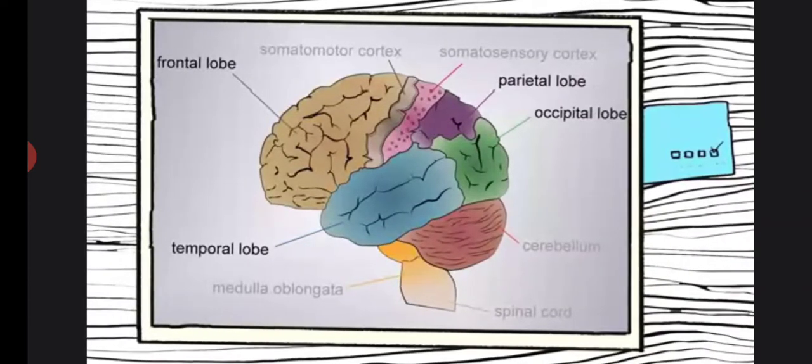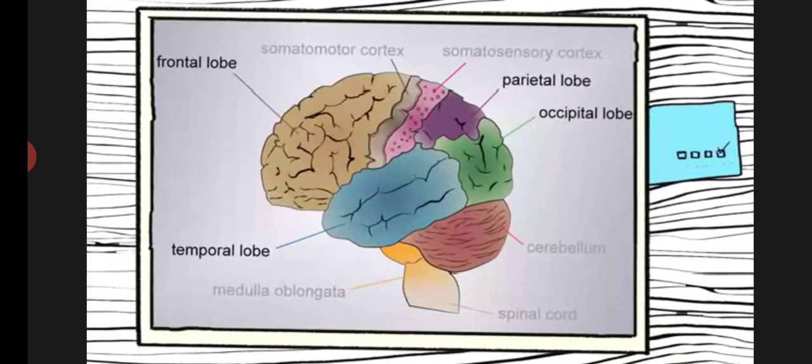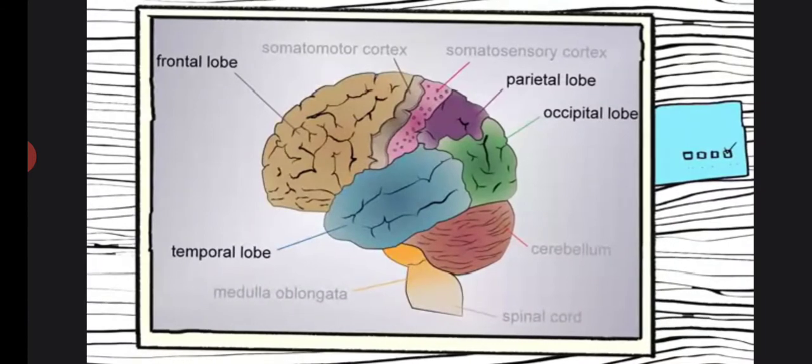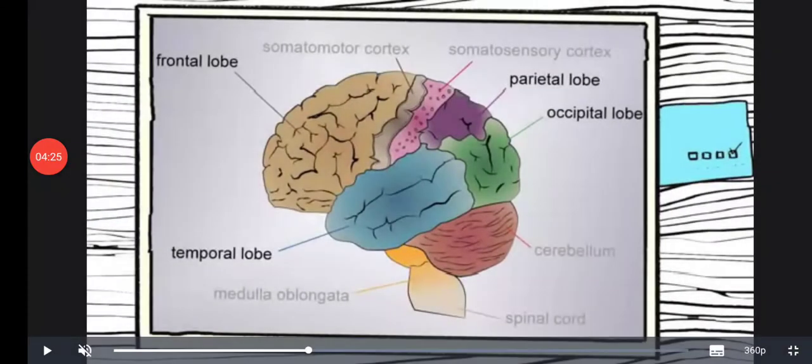Another thing about the cortex, which is super interesting, is that it includes maps. What I mean by this is it includes topographical maps. Two things that are close together in the brain are similarly close together in the body.